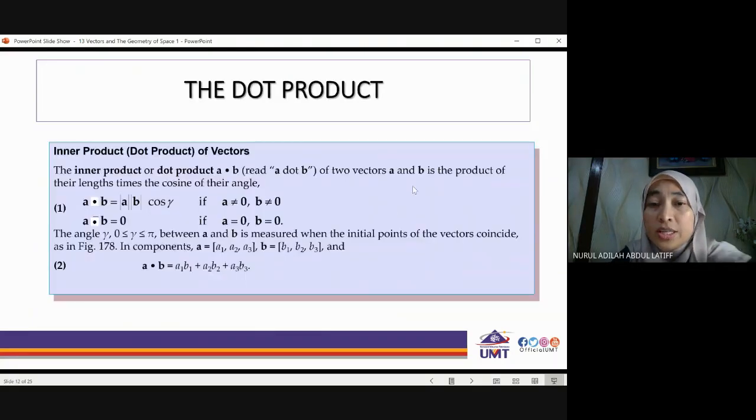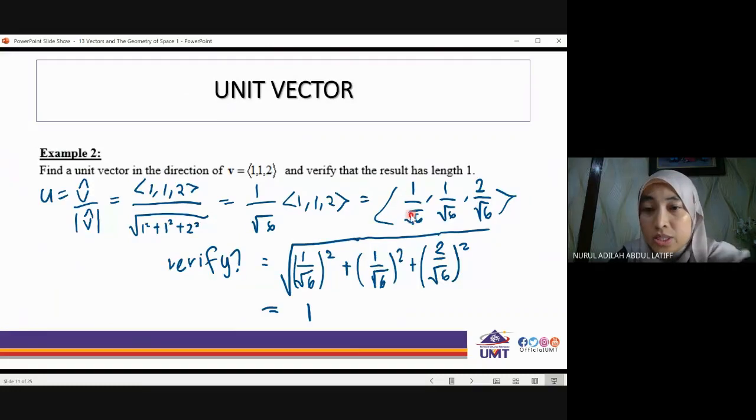You'll get 1 over root 6, 1 over root 6, and 2 over root 6. So this is the vector. How to verify that the result has length 1? Take this vector and find its length, and it equals 1, because this is a unit vector. So you do the calculation, then you get 1.